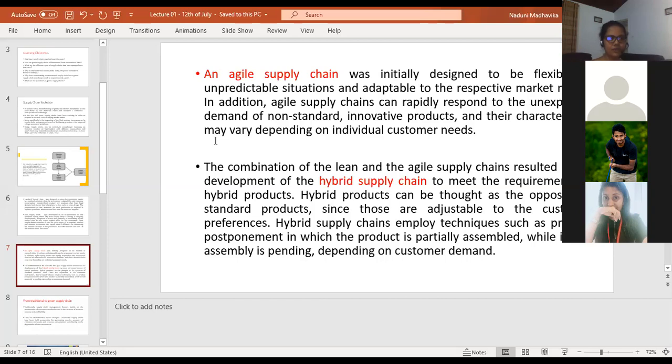So they are in a position to meet the demand that is expected from the market. In addition, agile supply chains can rapidly respond to an unexpected demand of non-standard innovative products, and the characteristics may vary depending on individual customer needs. Okay, so that is basically an agile supply chain.